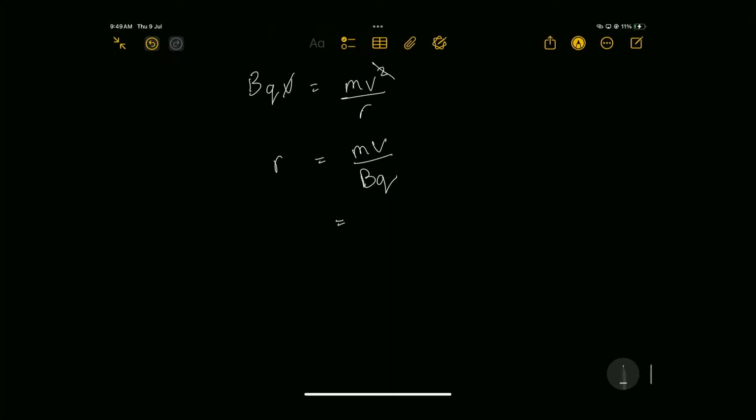So this is equal to the mass of the electron, 9.11 times 10 to the negative 31, times the velocity, 2 by 10 to the 8, divided by the magnetic field strength, 0.5 Tesla, times the charge of the electron, 1.6 by 10 to the negative 19.